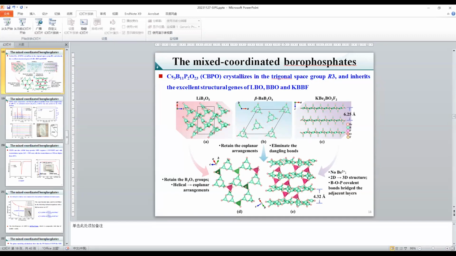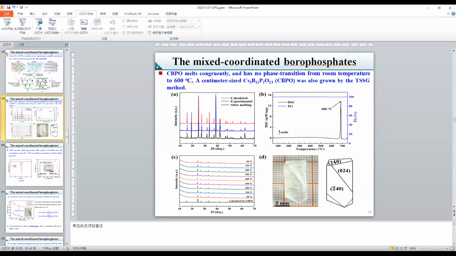And between the layers, we can see it's not weak van der Waals bonds, it's very strong B-O-P covalent bonds. It's a three-dimensional framework. So CBPO can totally overcome the layer problem of KBBF. Actually, we have measured its thermal properties.